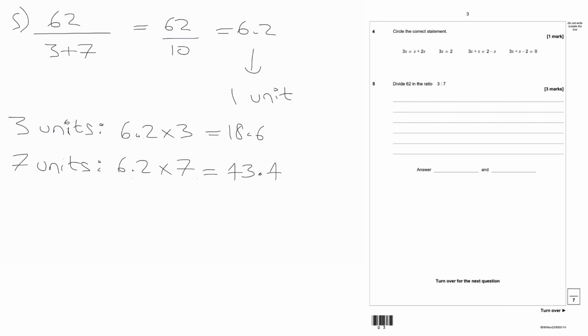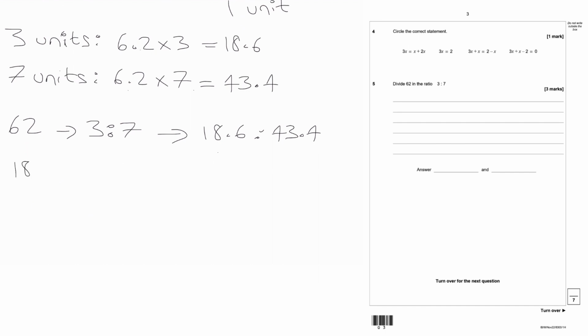And this is how we're going to split out 62 in the ratio 3 to 7. So this is going to be equal to 18.6 to 43.4. And just a quick litmus test here. If you add these together, we should get 62, which we do.